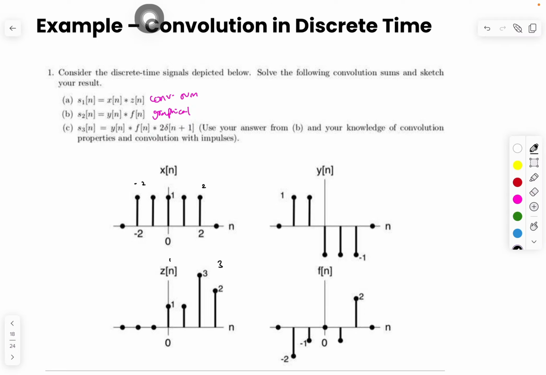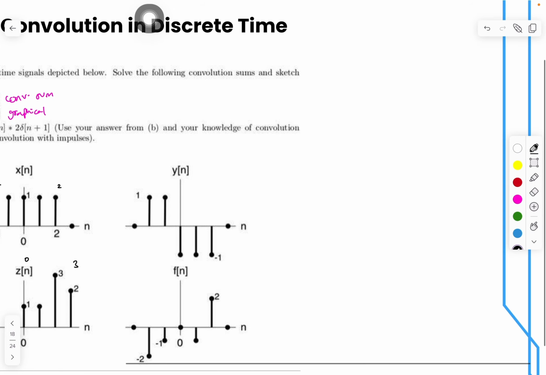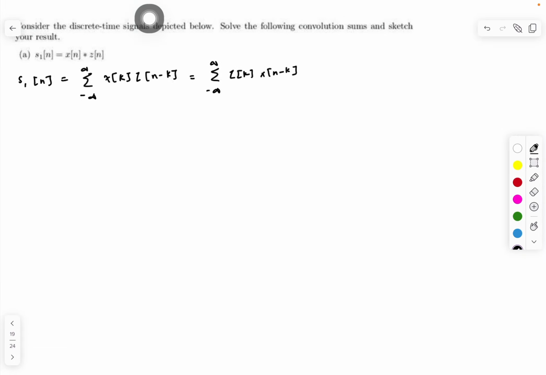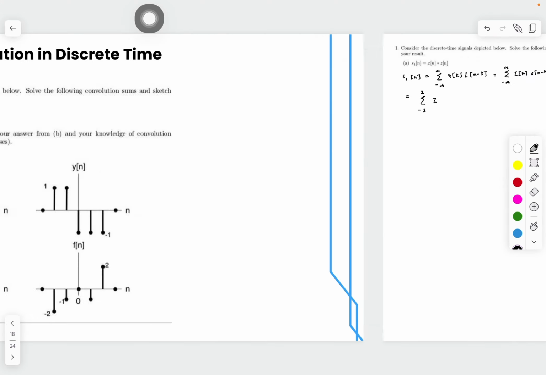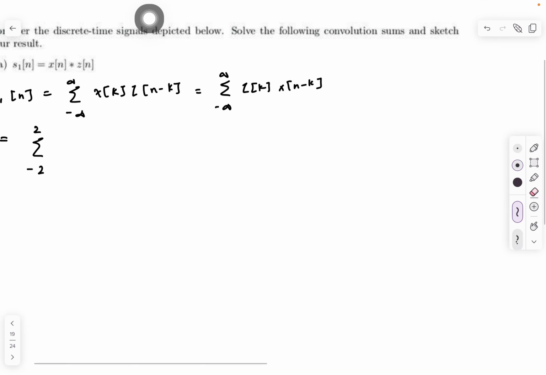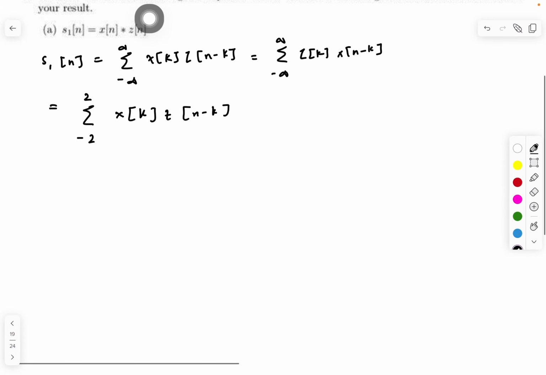But we can see that x[k] has all amplitudes as 1, so it will be easier to multiply out. So let us do it by fixing x[k]. So it's going to be the summation from minus 2 to 2 of x[k] z[n-k].